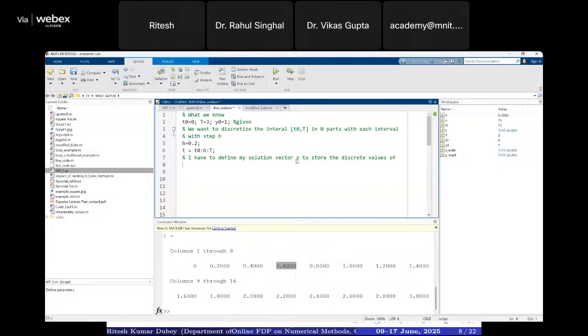In order to do that, I will define my solution y, and yesterday I talked about the zeros function, so I can use this.